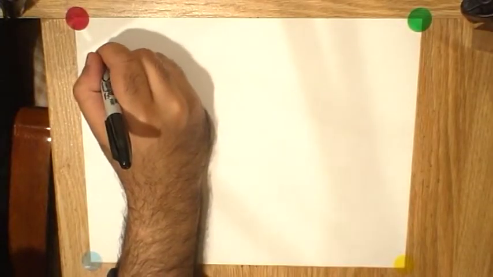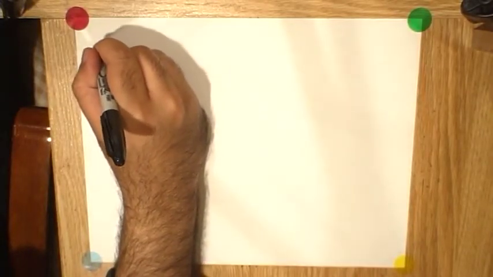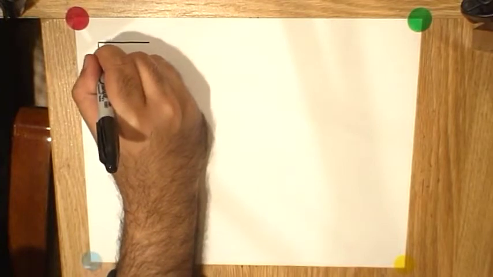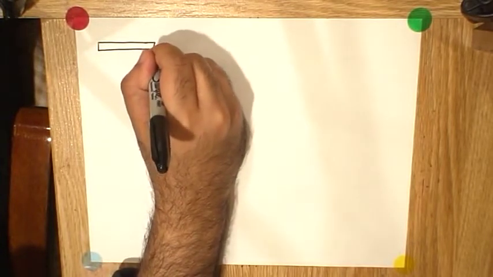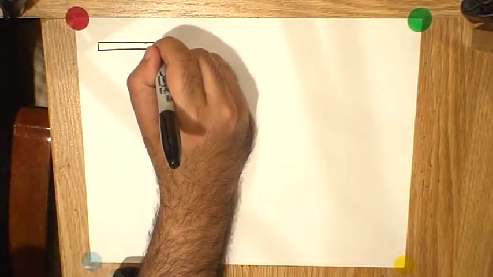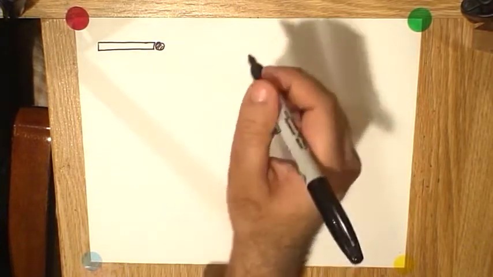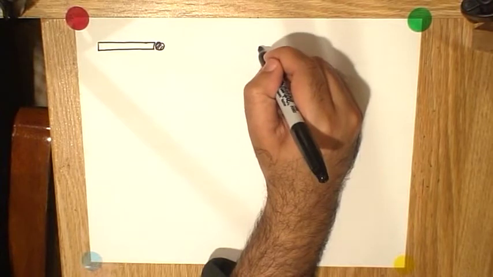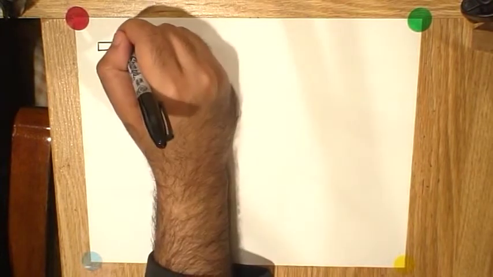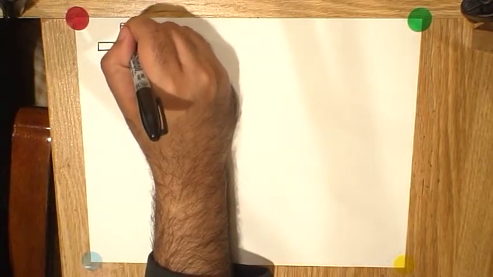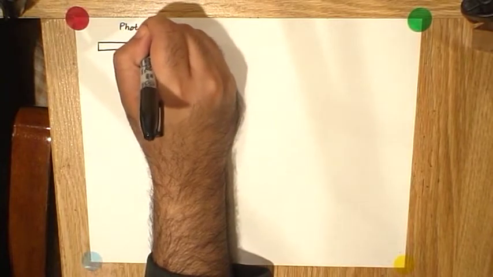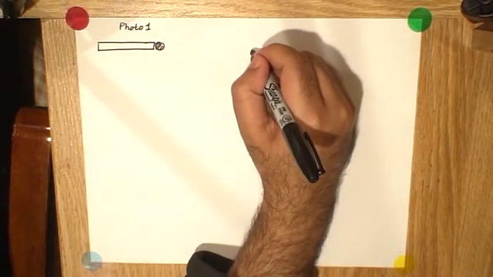In this question, we have a rod that is circling around a hinge which has been attached to the wall, something like so. This is going to be photo 1, which corresponds to where the rod was horizontal.